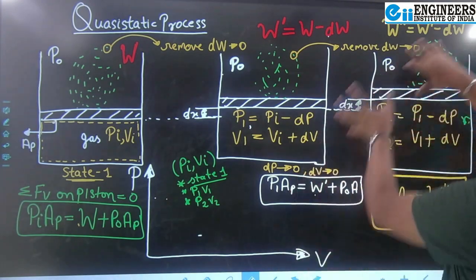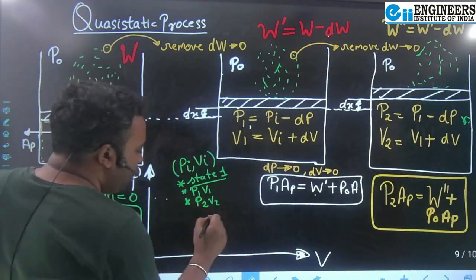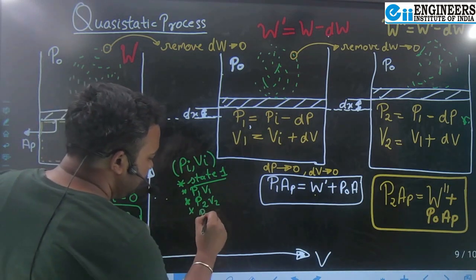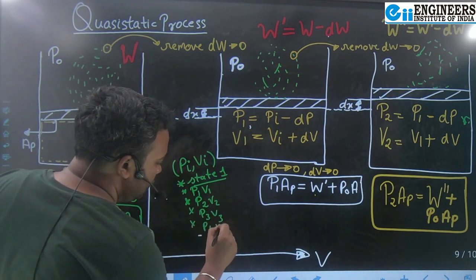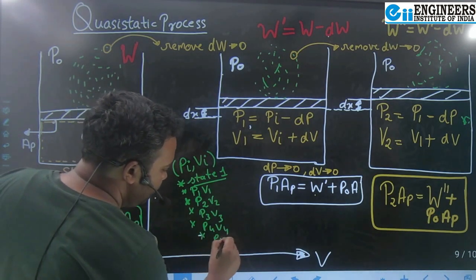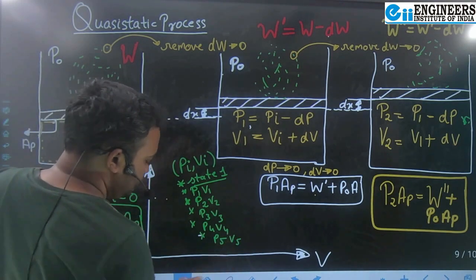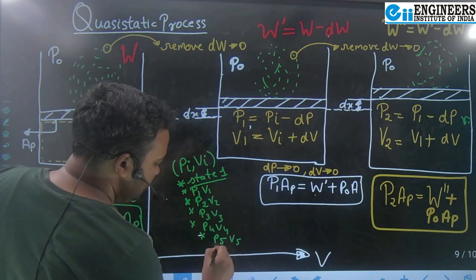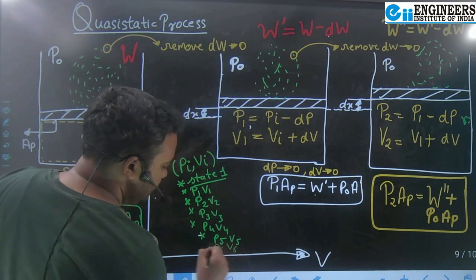If you remove all the grains, finally you will have a lot of intermediate equilibrium states. Let's say P3, V3, P4, V4, this is P5, V5, and finally you are here, P6 and V6, right?